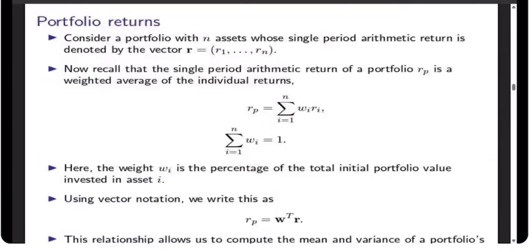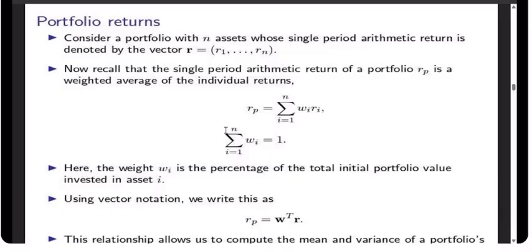Okay, I want us to have a specific example now. Consider a portfolio with n assets whose single period arithmetic return is this. R1 is the return from investment X1. R2 is the return from investment 2. Every investment should have a return. That's a vector, right?